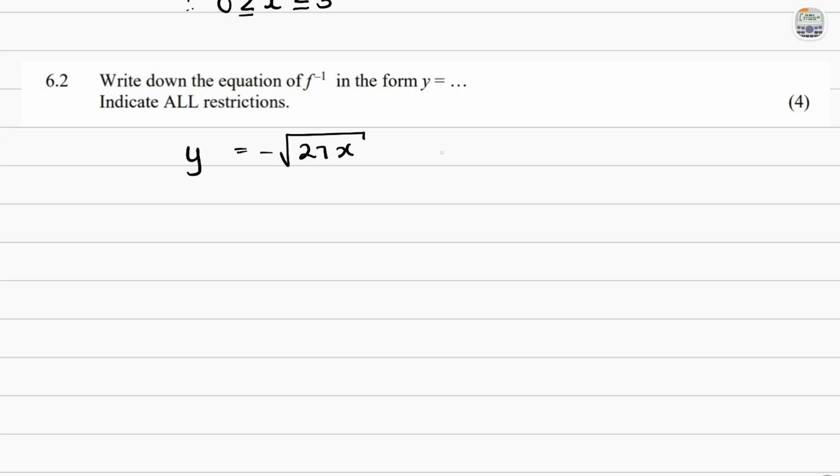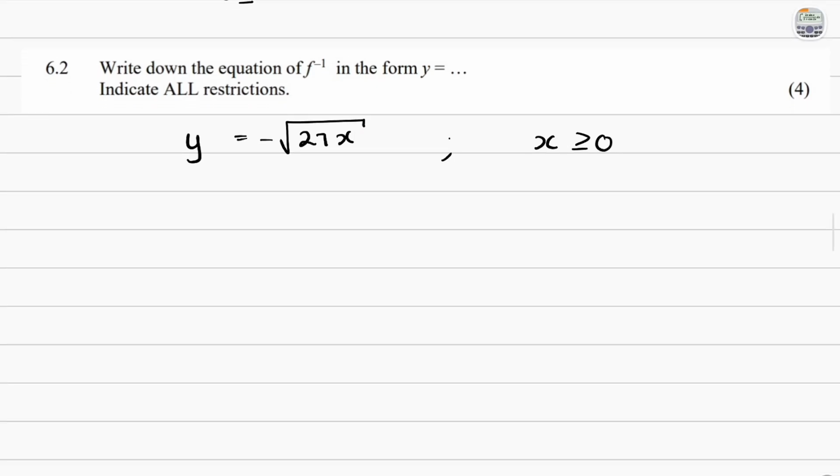This was the equation specifically where x is greater than or equal to 0. This was the domain of the original function. To find the inverse, you have to swap x and y. So we're going to say x is equal to negative square root of 27y, and now we can make y the subject. At this point, this is already the equation of the inverse because x and y have been swapped. The only thing we have to do is make y the subject.